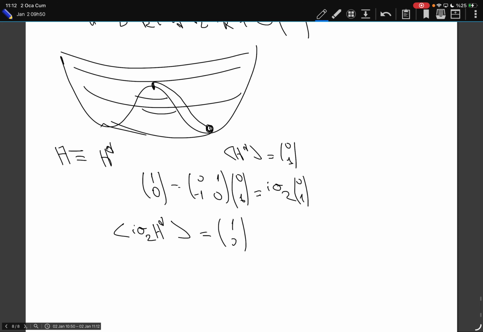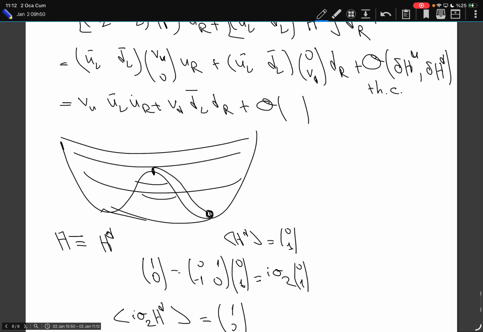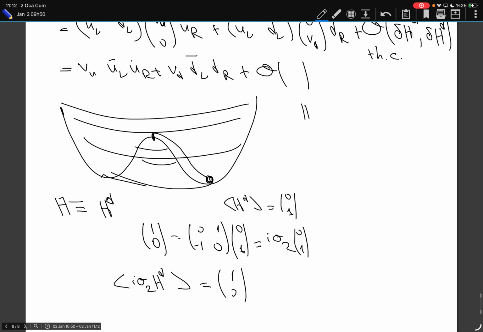The only thing left to check is, does this transform just like the quark doublet? Remember, I want to have a field for it. I want to have an HU field. They both transform as a quark or lepton doublet. That is what I want.